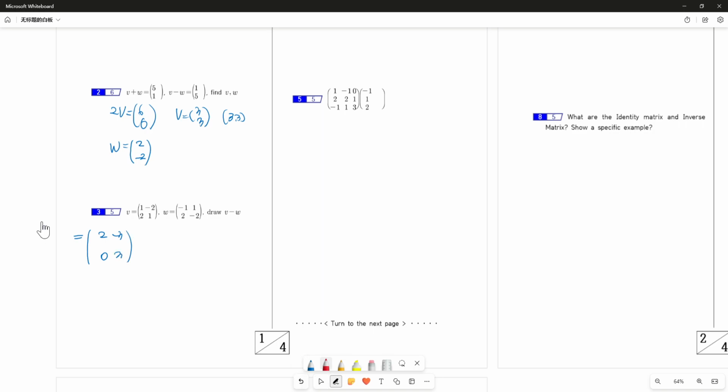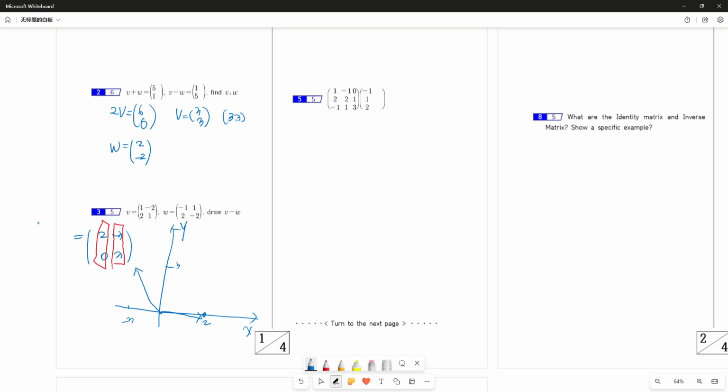You should use the two column vectors, the left column vector and the right column vector, so you can draw the two vectors: 2 comma 0 and negative 3 comma 3. The horizontal line is the x-axis, the vertical line is the y-axis. Then 3 comma 3. Then you can draw the two vectors, 2 comma 0 and negative 3 comma 3.